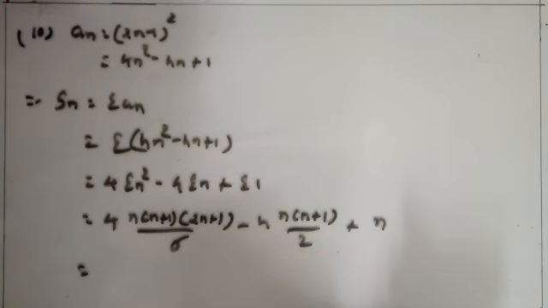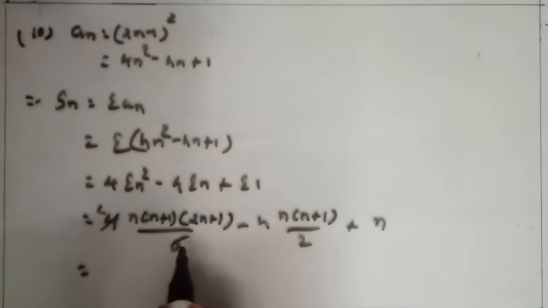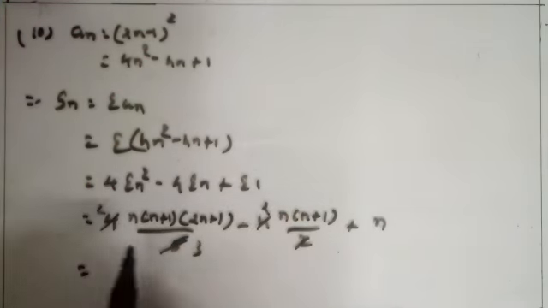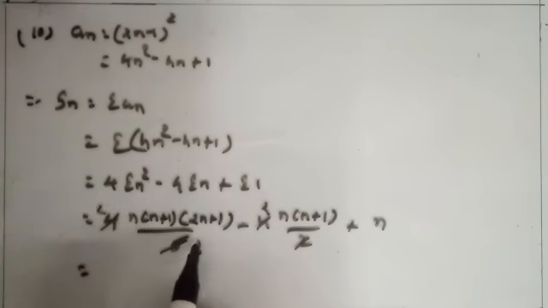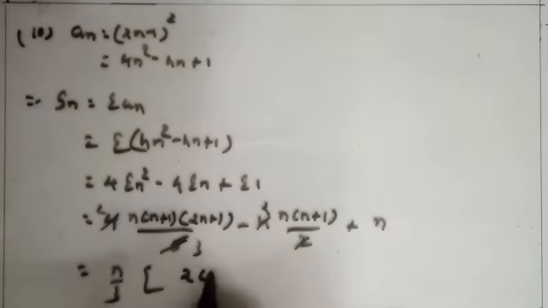Okay, or simplify first. 2 to 4, 3 to 6, here 2. So n by 3 take common. In the bracket, the remaining terms: 2 into (n plus 1) into (2n plus 1).